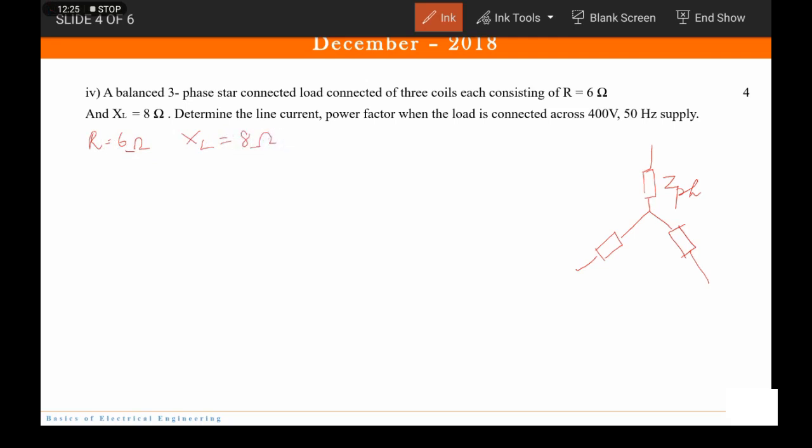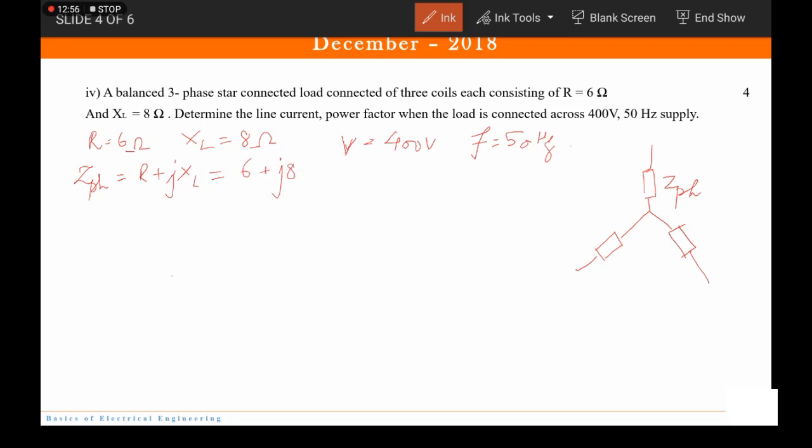Further, the voltage is specified to be 400 volts and the frequency is 50 hertz. So how do we specify the phase impedance? It is a series combination, so R plus jXL, which makes it 6 plus j8.